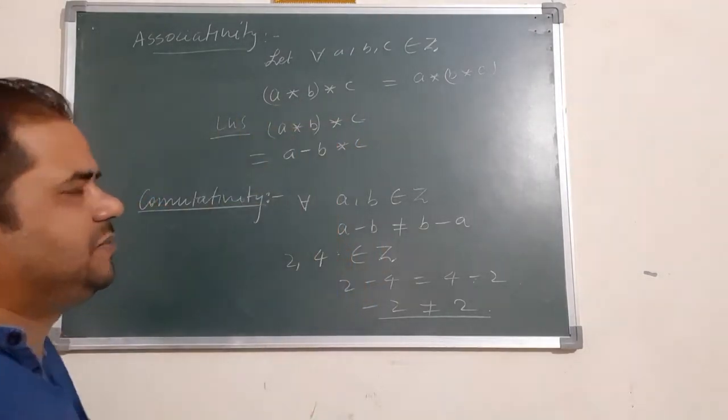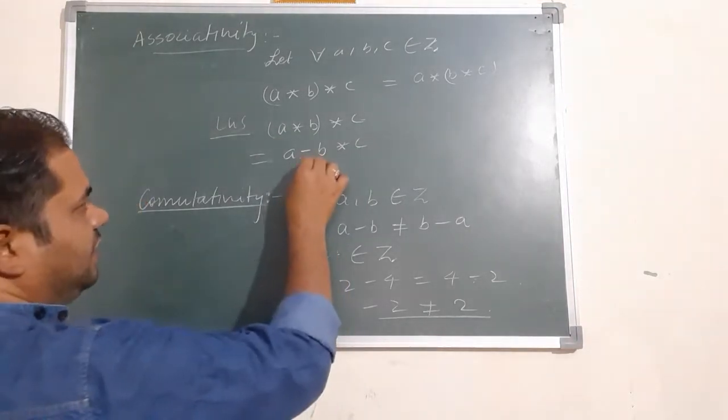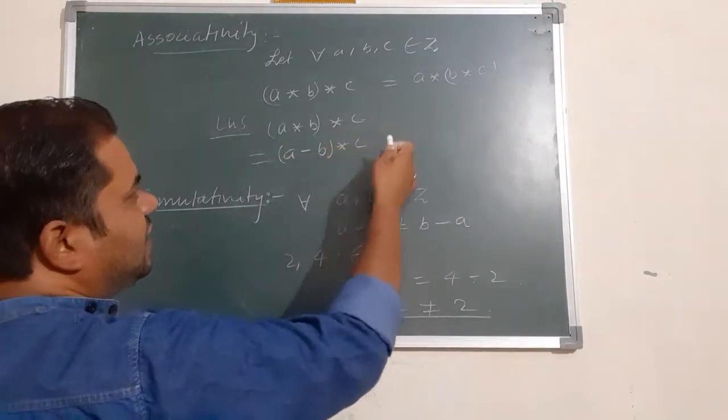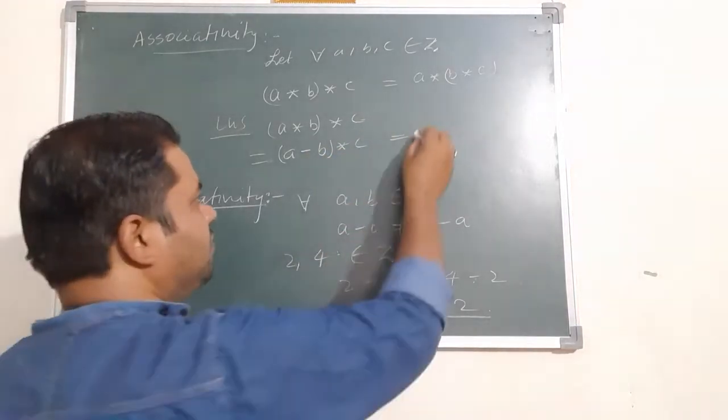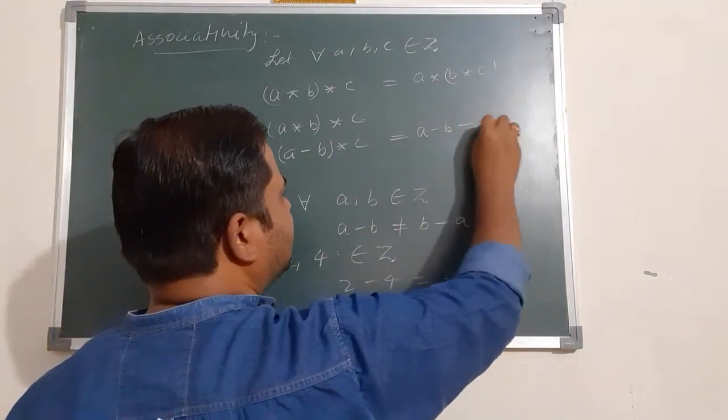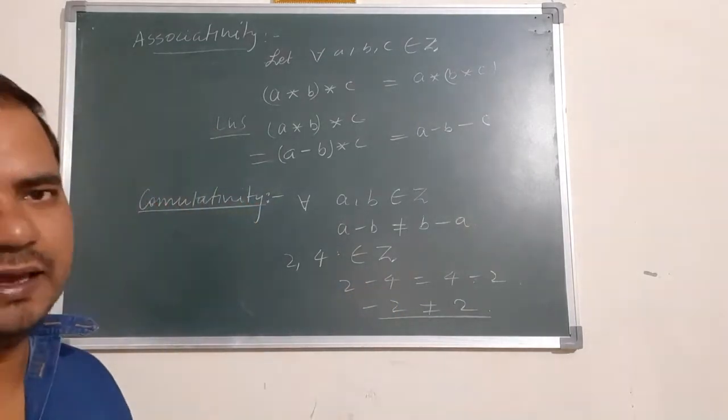Because A star B is A minus B. And if you see here, A minus B and star C, so A minus B is already here, and A minus B star C is A minus B minus C.